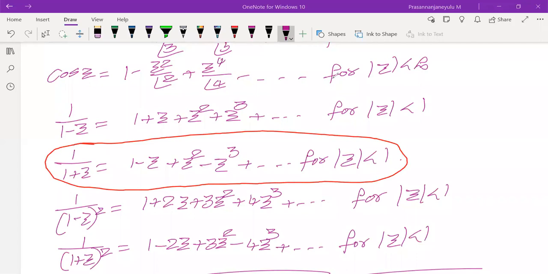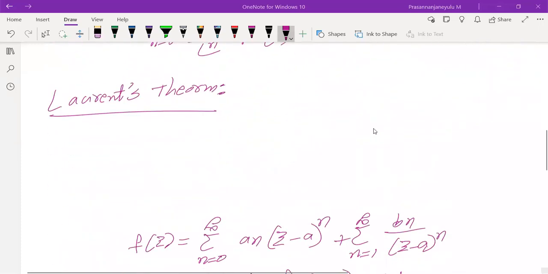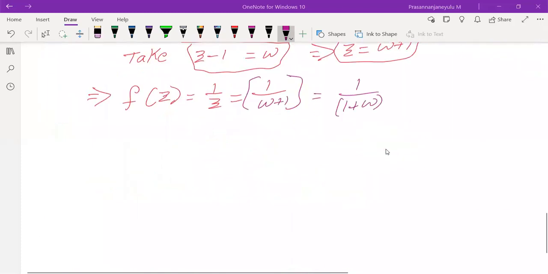This expansion will exist for this region. But in place of z, what we have is w. So what are we going to write now? 1 minus w plus w square minus w cube plus and so on, for all modulus of w less than 1. That is what we are going to get in our problem.